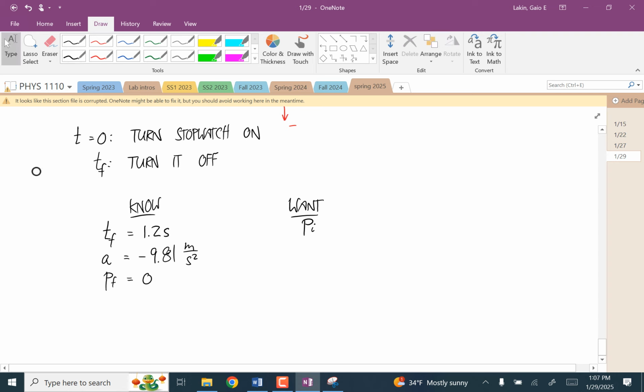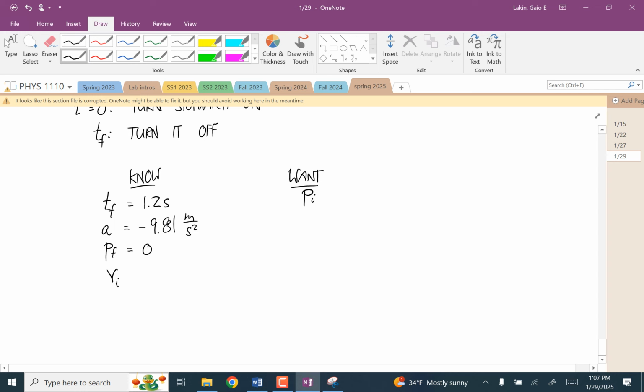Do we know the velocity at time 0? It's the velocity of what it's dropped from. So this is dropped from a bridge, a good bridge, hopefully, so velocity initial is 0, right? Do we know what the velocity is right before it hits the water? No. So this is the complete list.